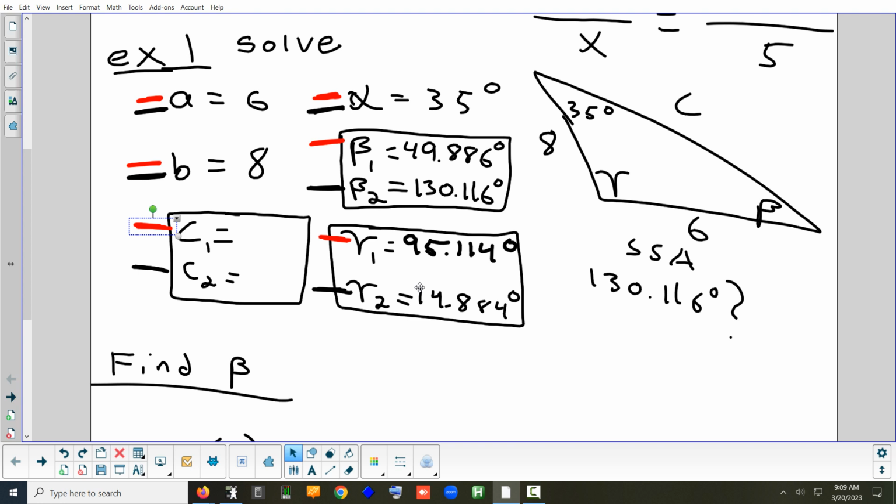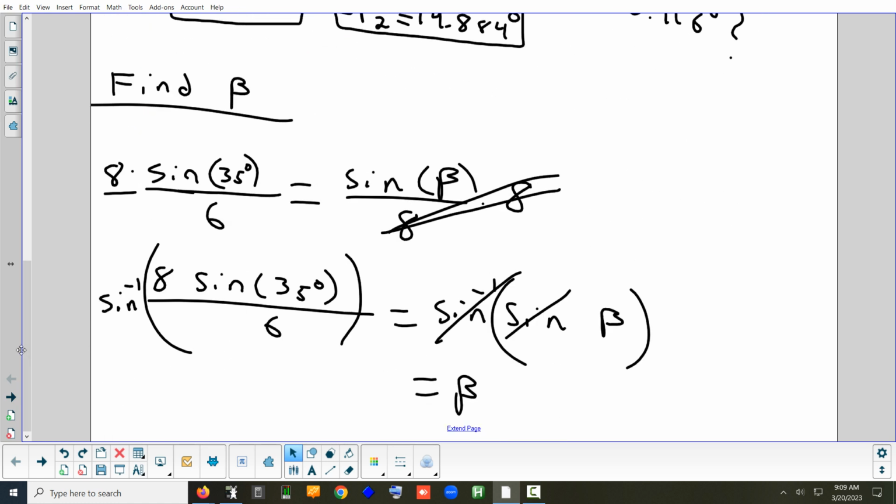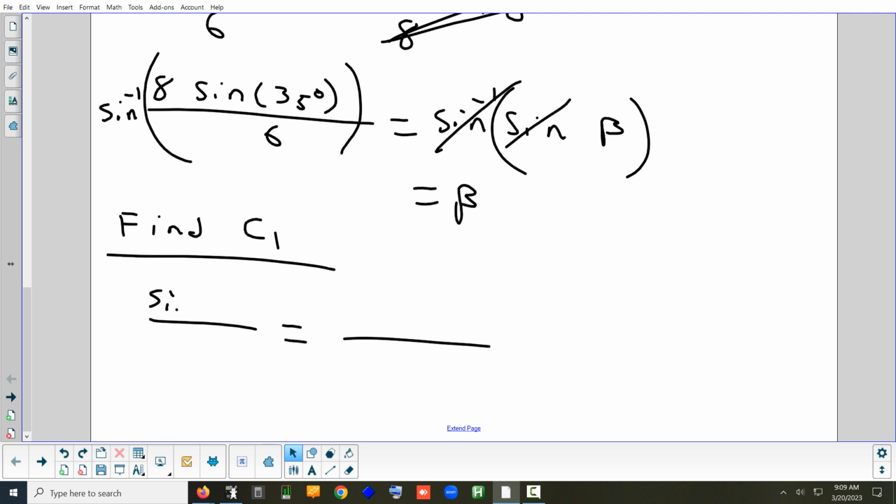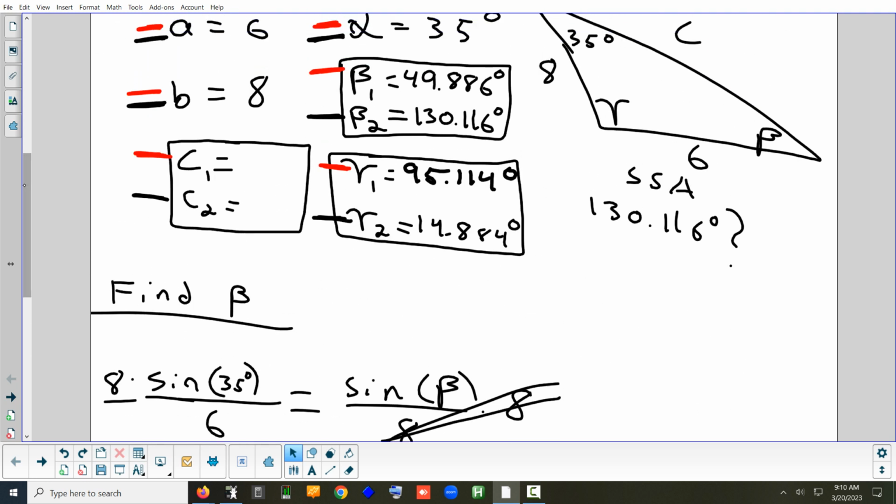So it's going to be 6 sine 95.114, and then you divide by the number that's on the diagonal with what you're solving for. If you cross multiply it, that's basically what I did. I just did the cross multiplying. But when I write it out, I'd have C times the sine of 35. Well, I don't want the sine of 35 next to C, so I have to divide by it to move it to the other side. And that's your answer for C1.